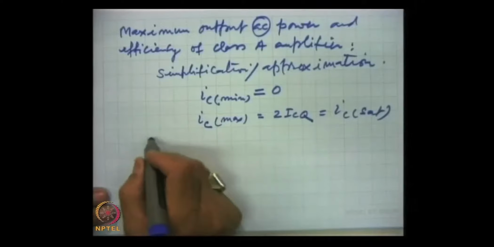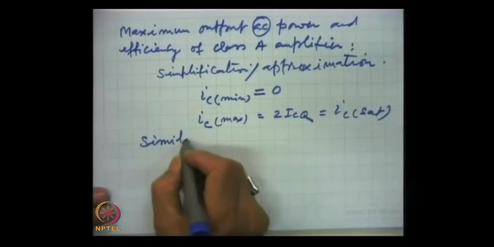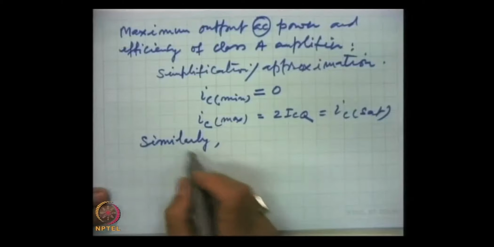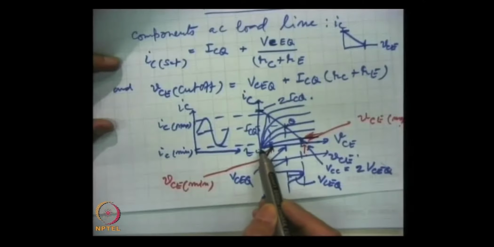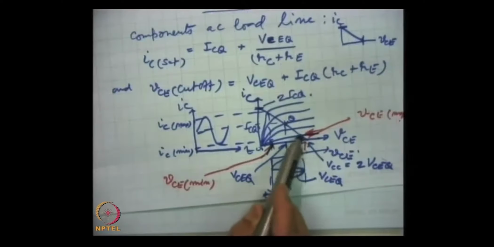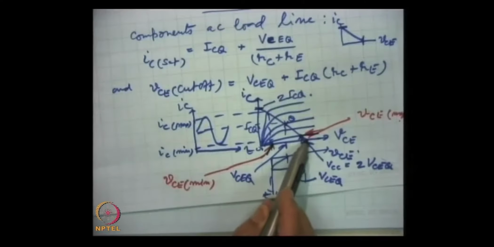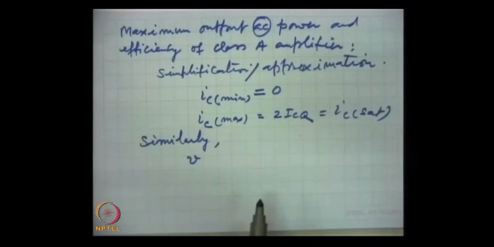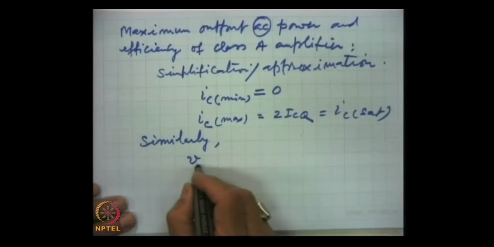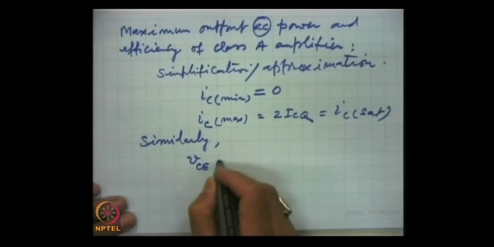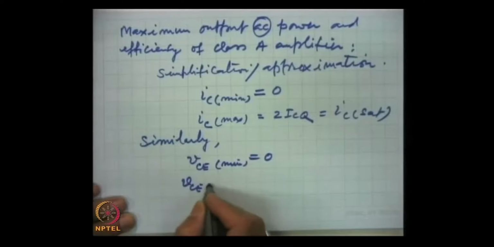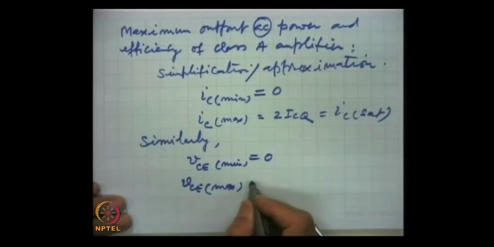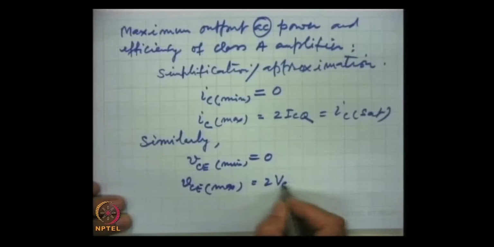And similarly, the minimum voltage, VCE minimum, we take as 0, and this was the maximum voltage which we take at this point. So this approximation gives VCE minimum as 0 and VCE maximum as 2 VCEQ.